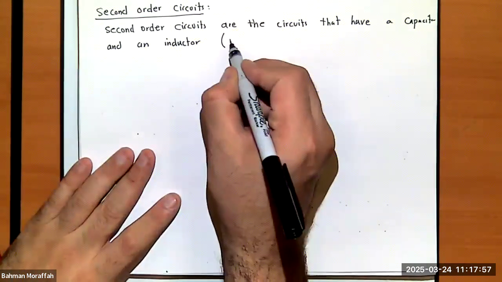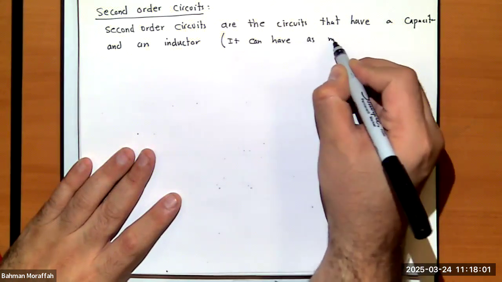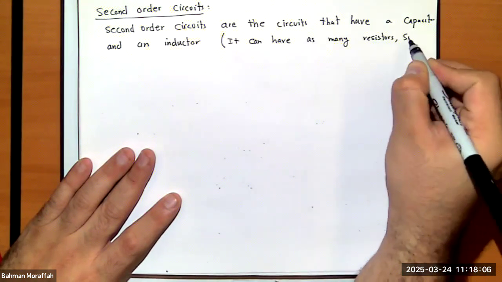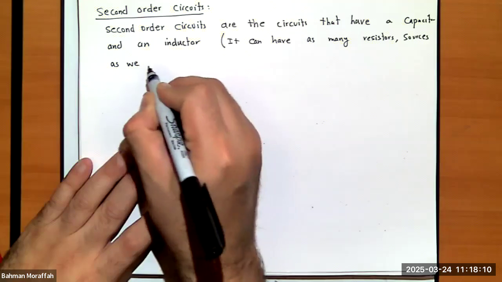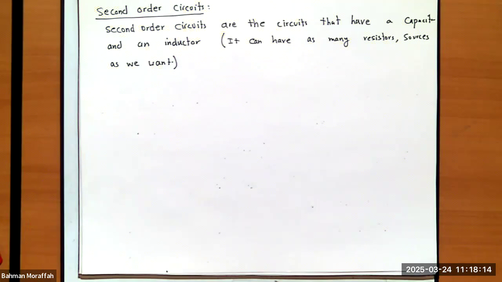So it can have as many resistors and sources as we want. And as I mentioned, to solve such circuits, we end up getting a second order differential equation.